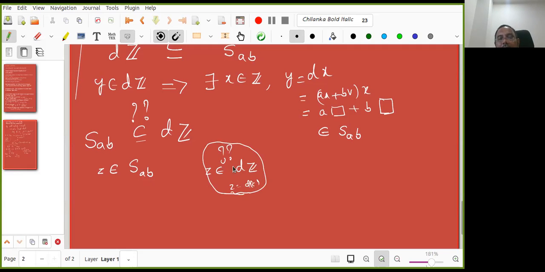This is not done. So now how to do that? Ishan already told. So somehow I need to show that Z is equal to D into something. That is my goal now. How do I proceed? Any one of you want to say? No problem.